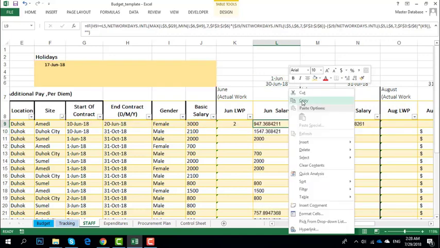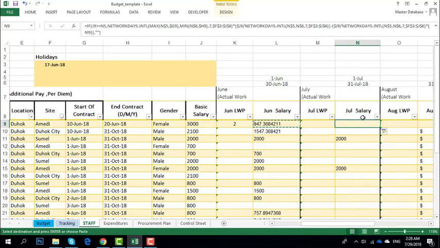Okay, now I copy, I paste it here. Nice.